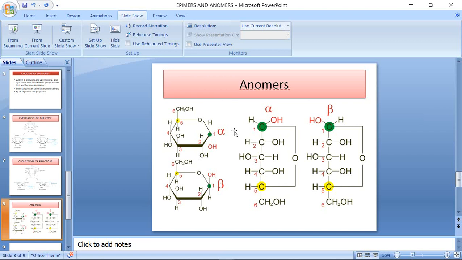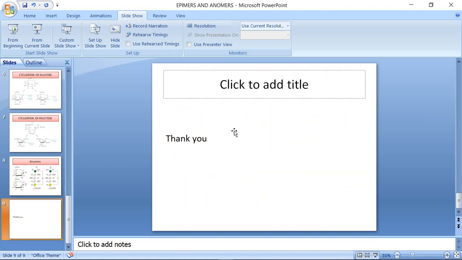The OH which is present in the right side is said to be alpha form, and the OH which is present in the left hand side is said to be beta form. So both are glucose. One is oriented in the left side, one is oriented in the right side. So these are called as alpha and beta anomeric forms of glucose.